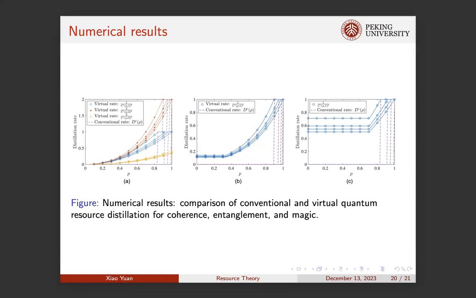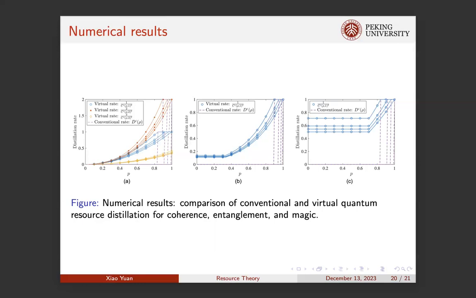For the right one, since the smoothing parameter is set to 0, it can only distill a maximally coherent state if the noise is zero, where 1 minus p is the white noise we add to the coherent state. As long as the noise is non-zero, we could not distill any coherent state. But with some smoothing added to the state, we could distill some coherence, right?